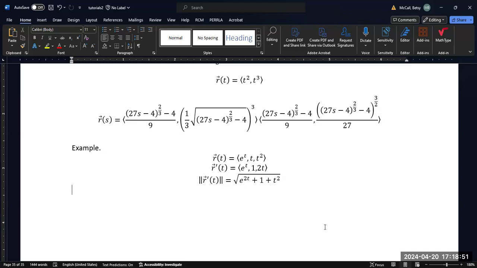So there, again, this procedure for rewriting a function in terms of its arc length is doable in a very small number of circumstances. But in some cases, the best that you can really do is to come up with essentially an expression for s in terms of an integral, an accumulation function, basically.